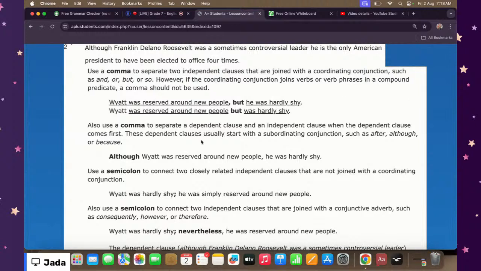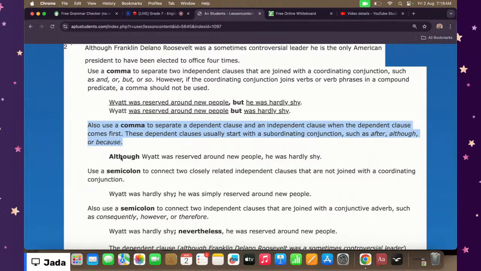These dependent clauses usually start with a subordinating conjunction, for example after, although, or because. Once you see after, because, or although at the beginning of the sentence, that is a dependent clause, so you have to separate the dependent from the independent.